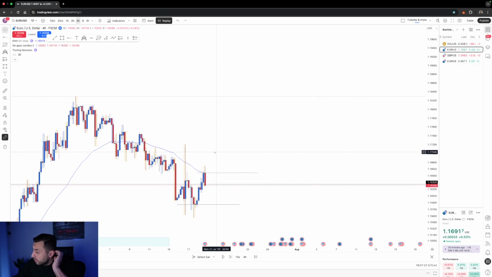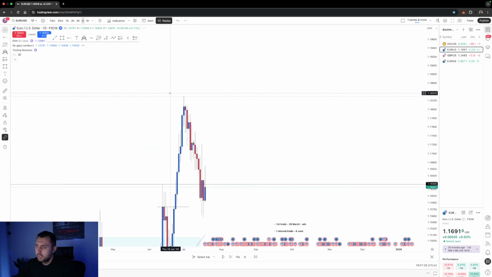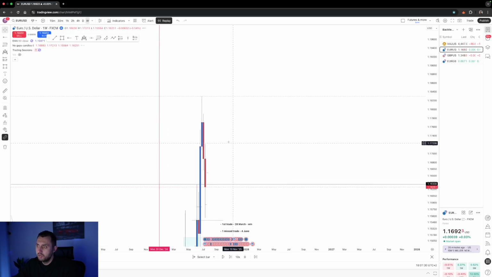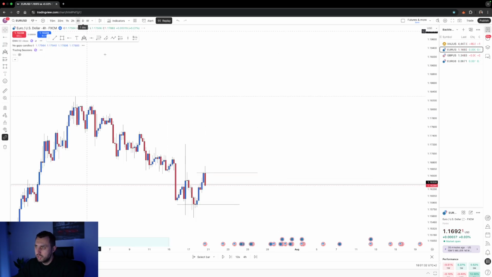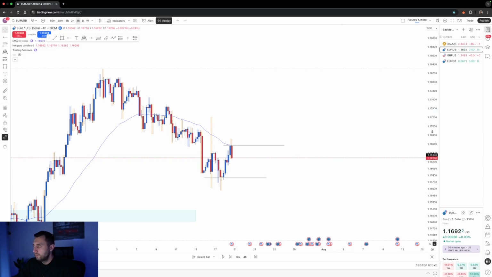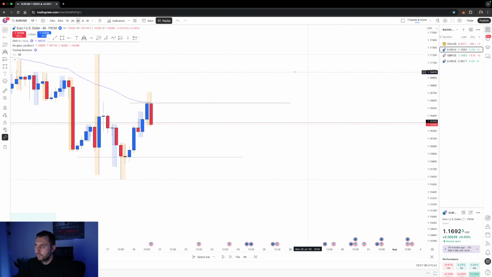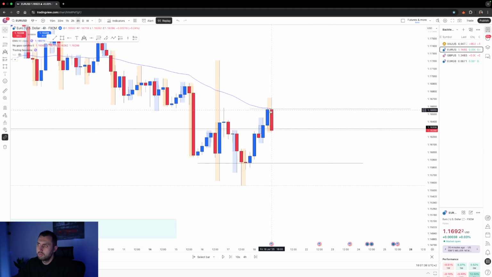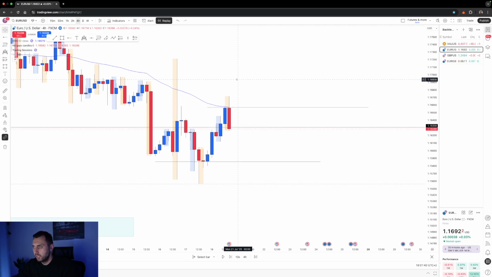So the price shifted here. On the daily, it was bullish, as we can see. On the weekly, it was bullish, as we can see. Yeah, I would put a long here. Let's see what the price is doing in the next hours.